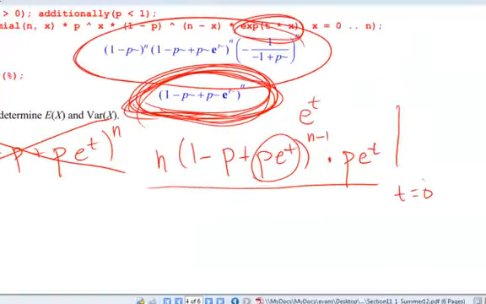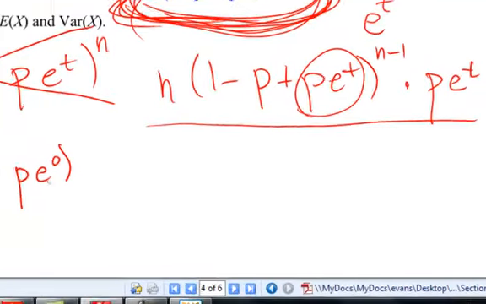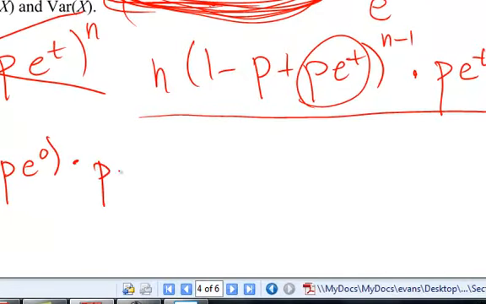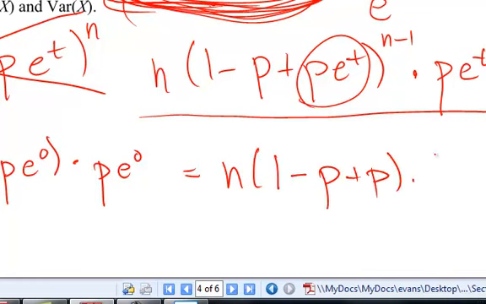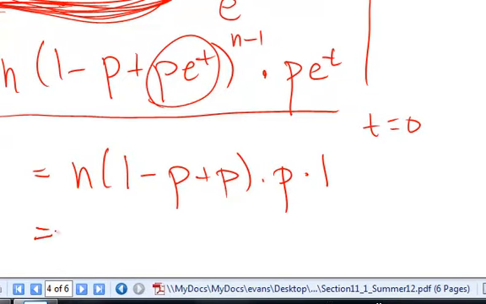So what do we get? n times 1 minus p plus p e to the 0, times p e to the 0, which is n times 1 minus p plus p, times p, since e to the 0 is 1.